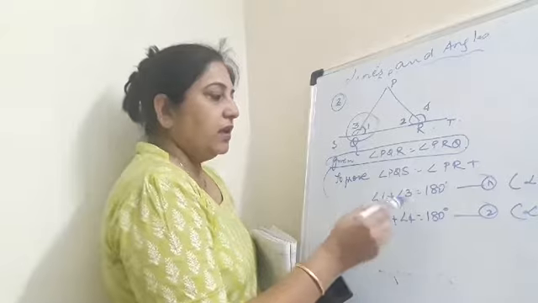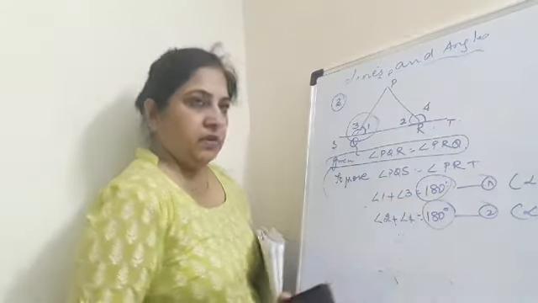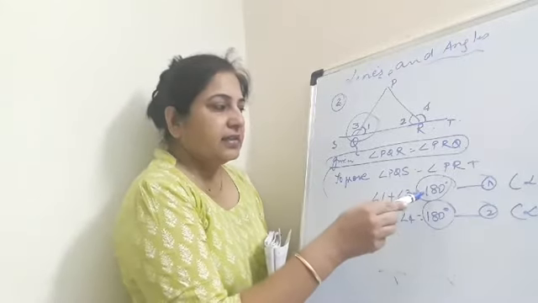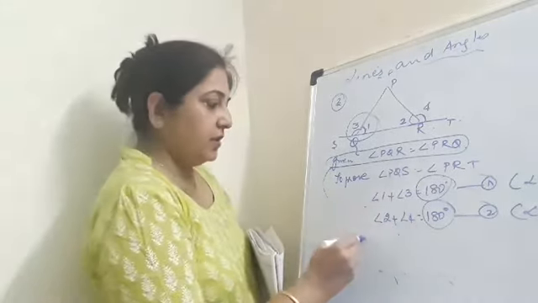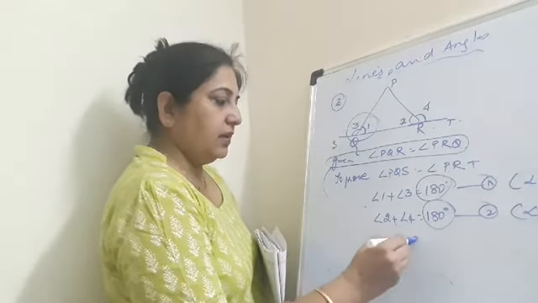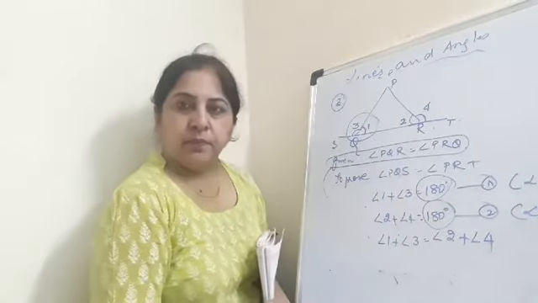Now we will equate these two equations because the right hand sides are equal. So I repeat what I said: when the right hand sides are equal, we can equate the left hand sides. So therefore we can write angle 1 plus angle 3 is equal to angle 2 plus angle 4. Right?